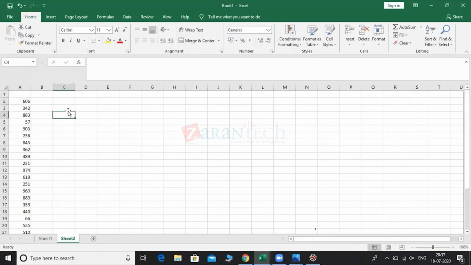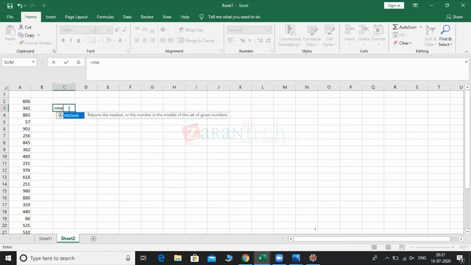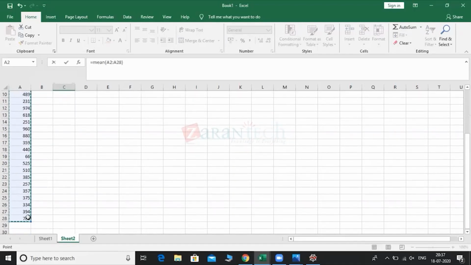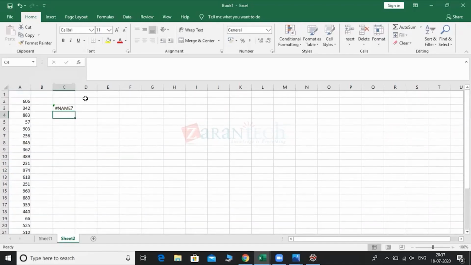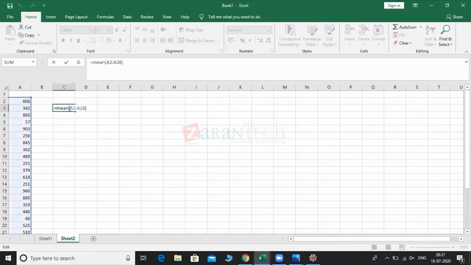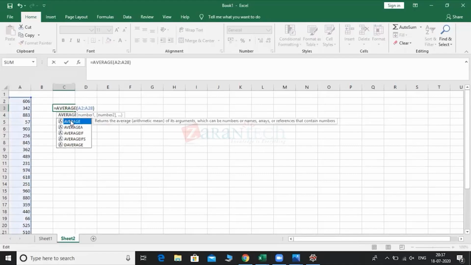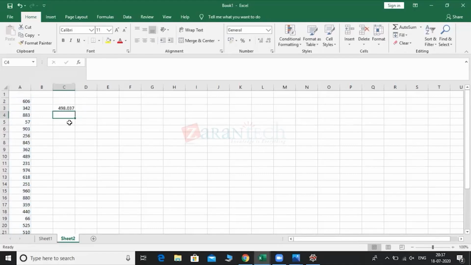So let's just calculate simply the mean of these numbers. Right, so the average is 498. Let's say that this is my average number.